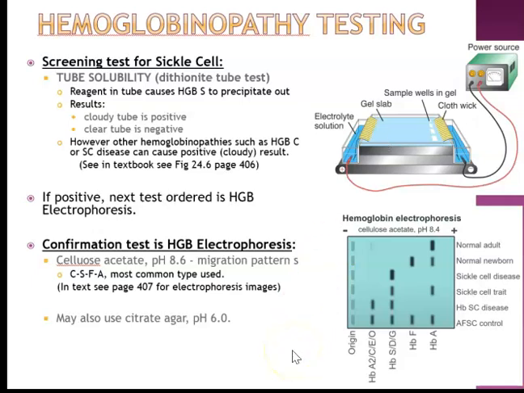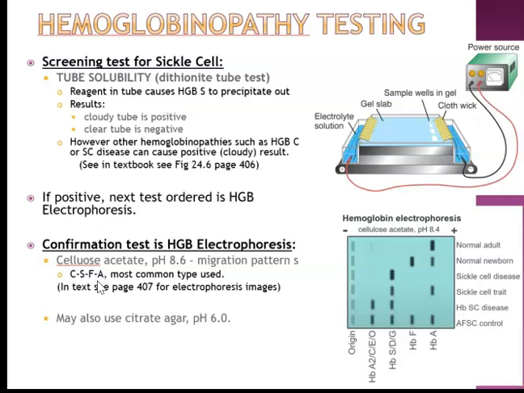The most common pattern that it runs in is CSFA. An easy way to remember that is our little saying: crawl, slow, fast, accelerate. The C is representing crawl, the S is representing slow, F is representing fast, and A is representing accelerate.